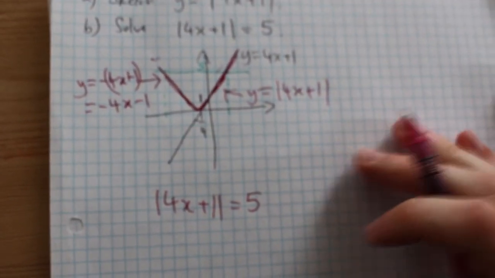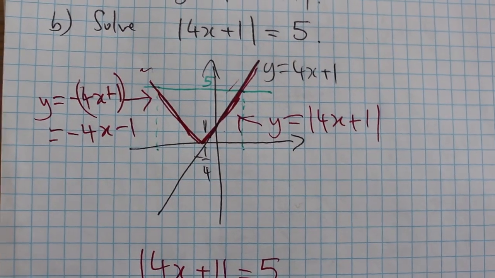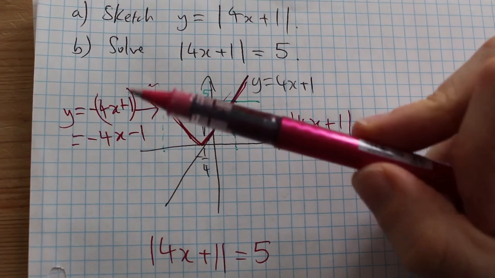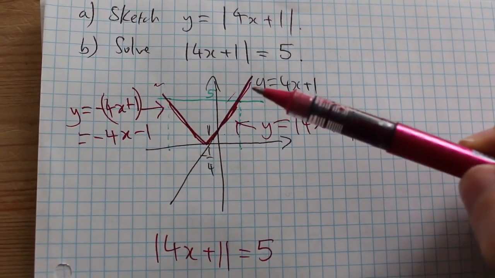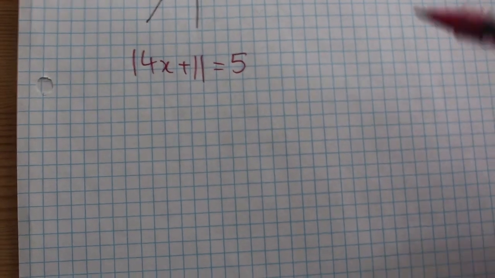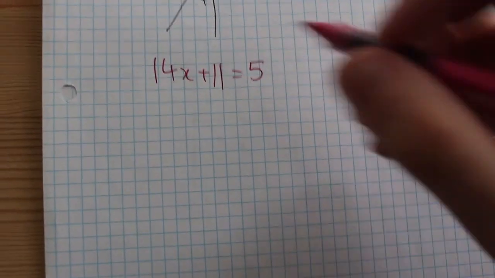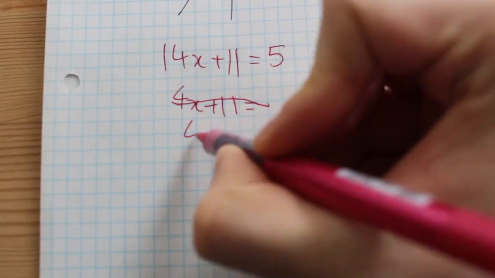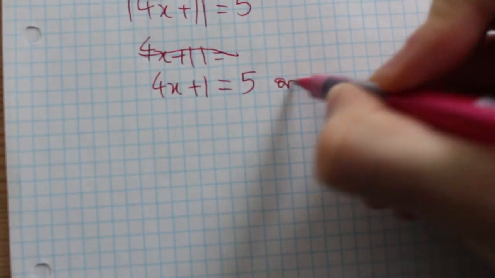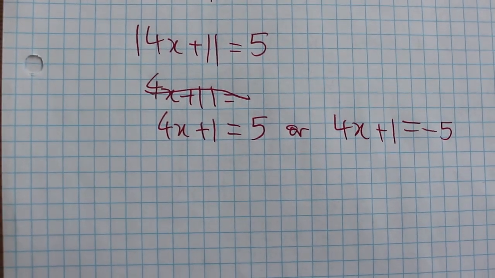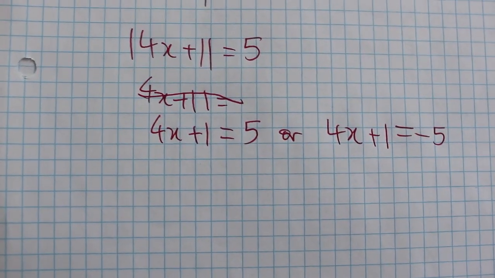One way is to use the equations of these two lines. Part of the V shape is y equals 4x plus 1, the other part is y equals -4x minus 1. And we could set both of those equal to 5, so that's one way to do it. A different way is to observe that the only way the modulus of 4x plus 1 could be 5 is if 4x plus 1 is equal to 5, or 4x plus 1 is equal to -5, because the only numbers whose modulus is 5 are 5 and -5.